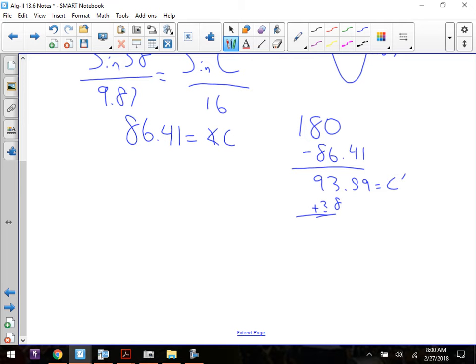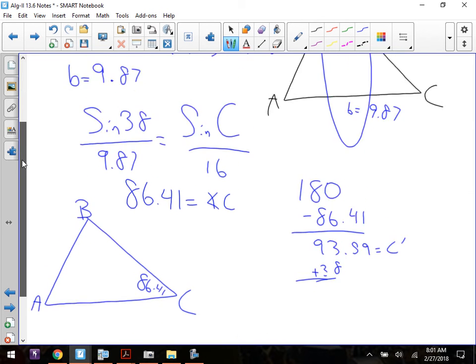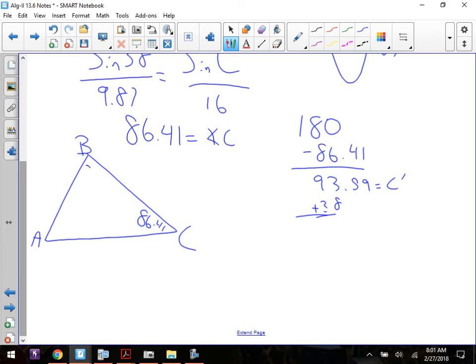So in this case, we have A, B, and C. 38, and this was 9.87. This is the original one, and I'm doing that one first. So 180, subtract the 38, subtract the 86.41.